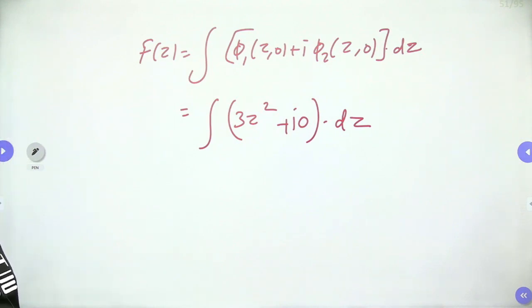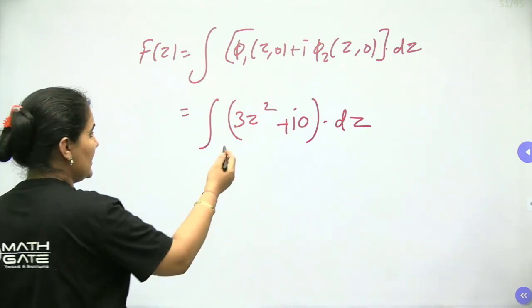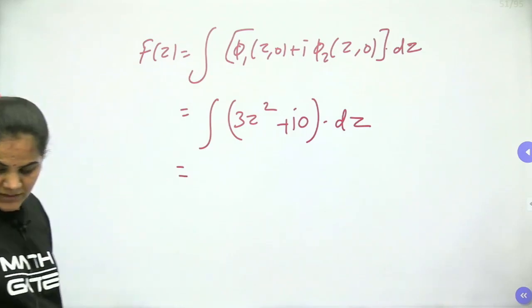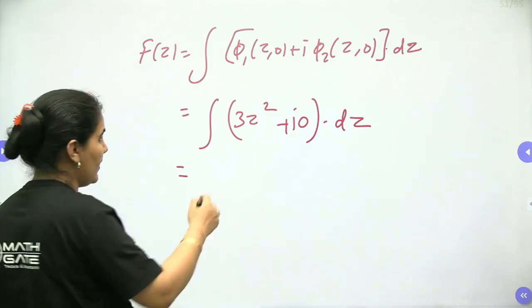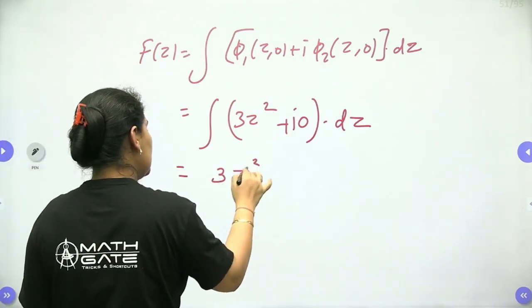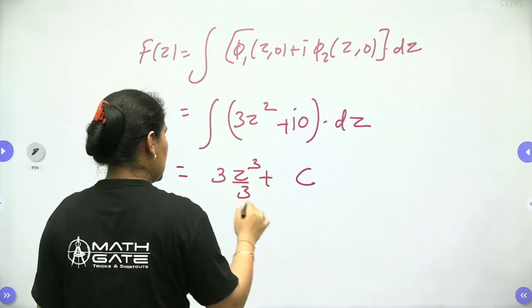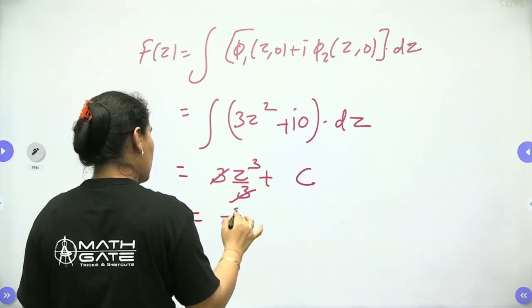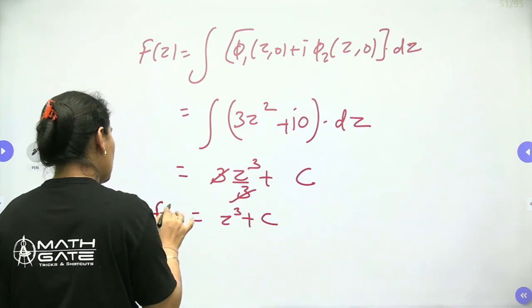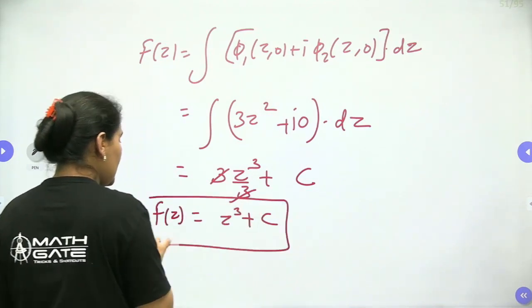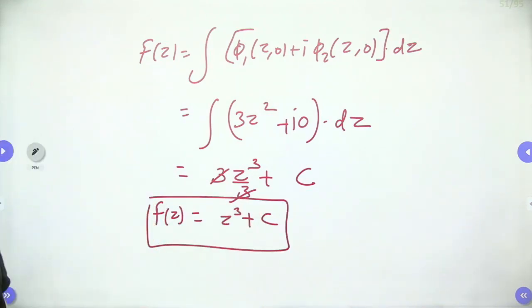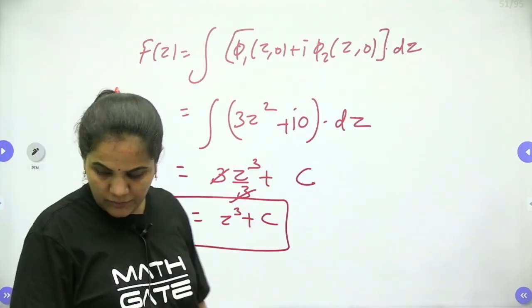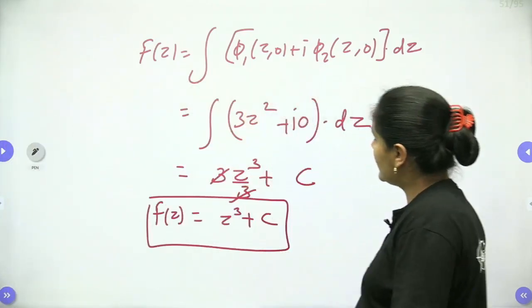Here you can write down 3z square dz only. When you integrate, it will be 3z cube by 3 plus c only. The 3 and 3 cancel out, hence the function will be z cube plus c only, right? We can conclude from here it will be z cube, guys.